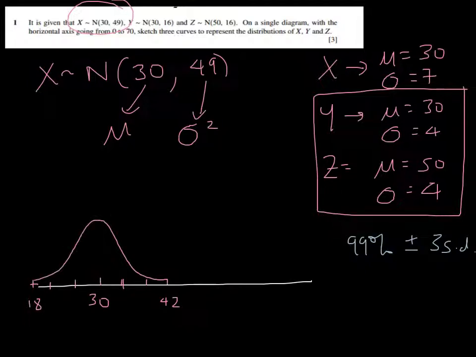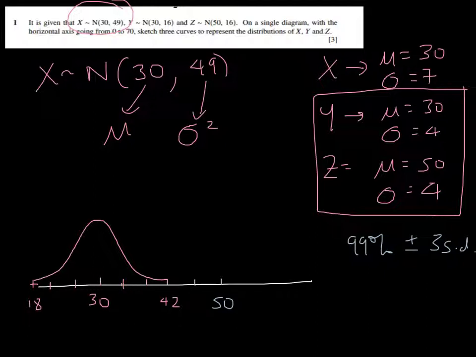And then so that's Y in pink. So in blue I'll do Z. So Z has the same shape in that the standard deviation is 4 as well, but it's centered on 50. So if I just put on for myself here what 50 looks like, it's probably up here. Since each of my little ticks I've used is 4, right?